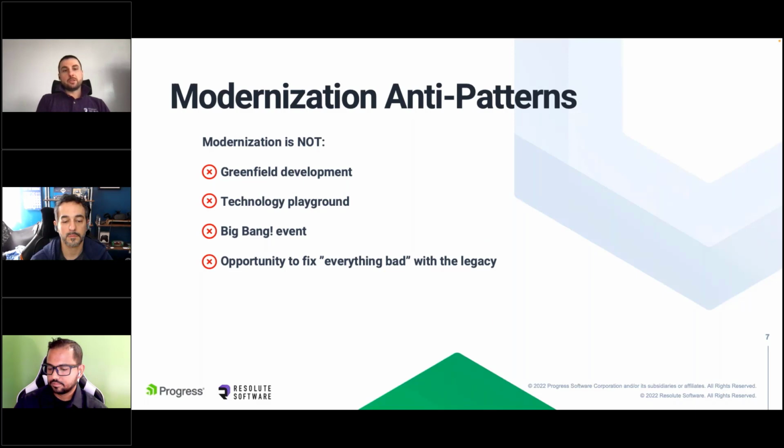When we talk about modernization patterns, what we like to start with typically are some of the anti-patterns that we see happening over and over again. A lot of times, modernization efforts are mistaken for initiatives that are really not about modernization, but about some other objectives. For example, modernization is not a greenfield project by definition, because we are not free to choose whatever system requirements or prerequisites we have.